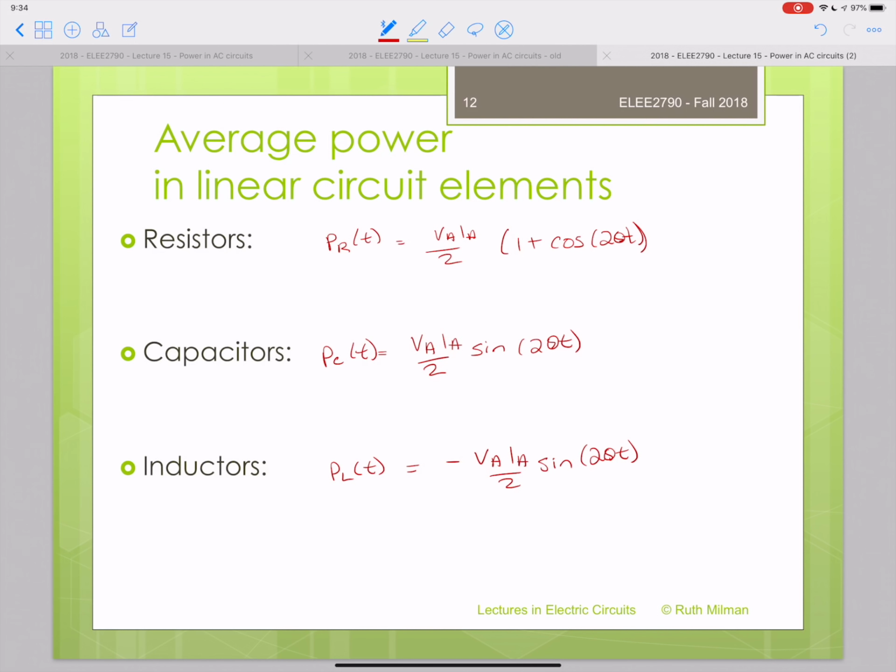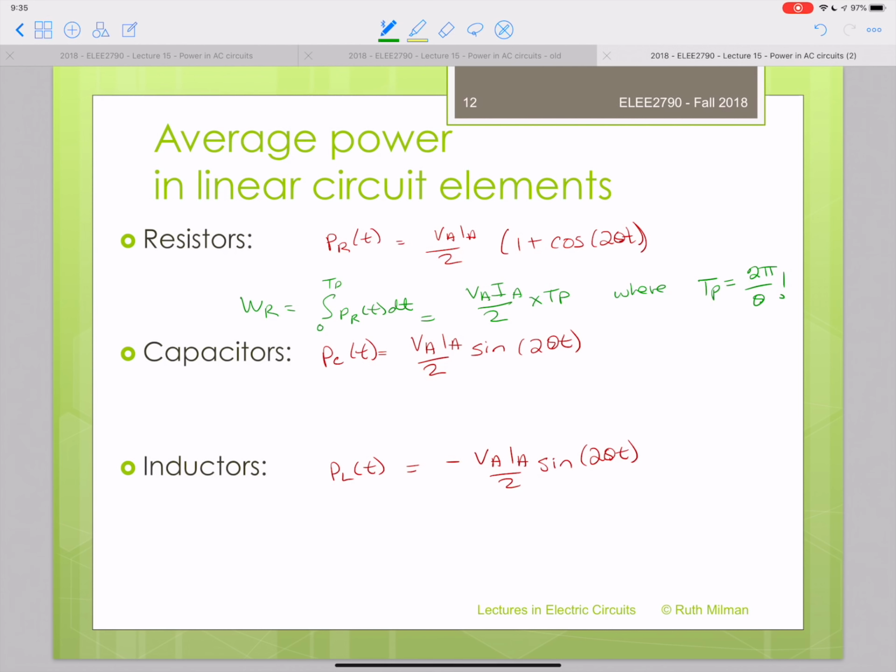And if we want to take each of these and look at the total energy used, or the work, for a resistor it is equal to this integral over 1 period. That's simply equal to VA IA over 2 times the length of the period, where in general, just realize that the period is equal to 2 pi over theta.